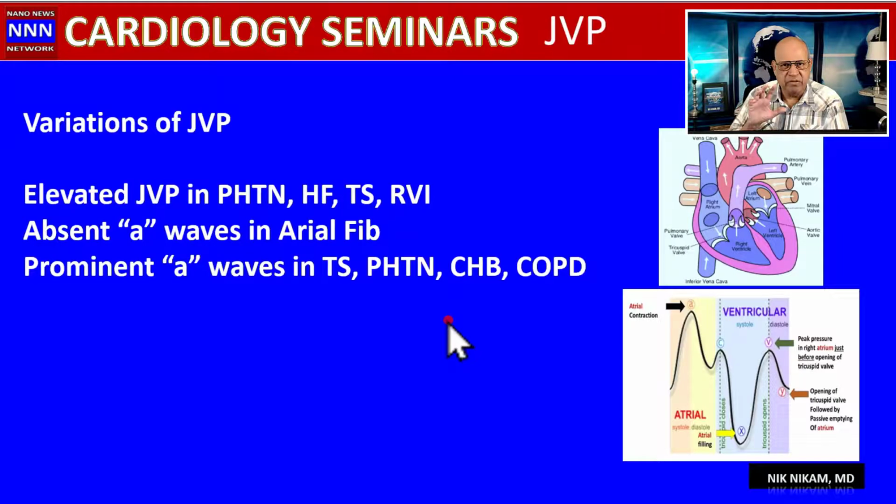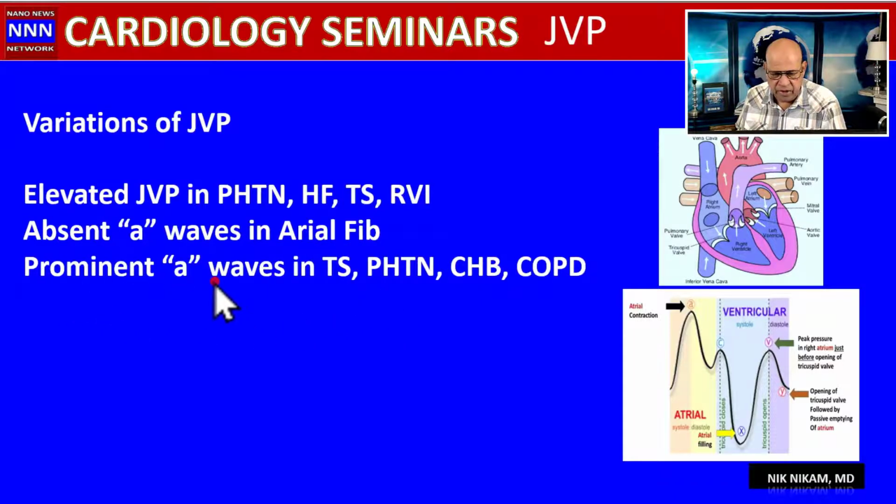So let's look at some of the pathological conditions where the venous waveform or the pressure may be increased or decreased. The jugular venous pressure can be increased in patients with pulmonary hypertension, heart failure, tricuspid stenosis, or right ventricular infarct. The A waves may be absent in the absence of atrial activity, which is in patients with atrial fibrillation.